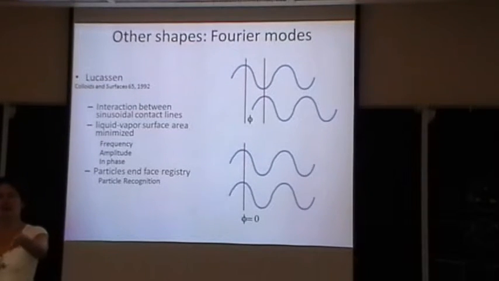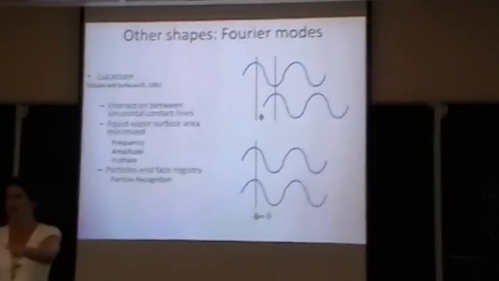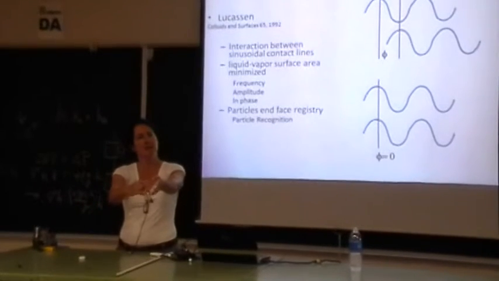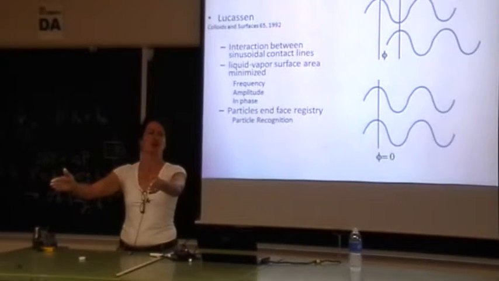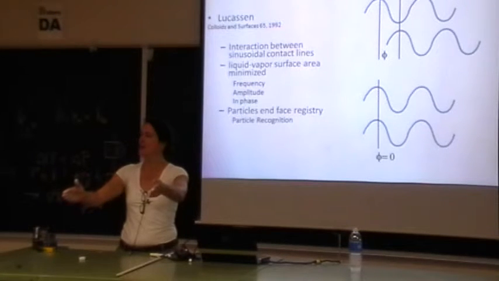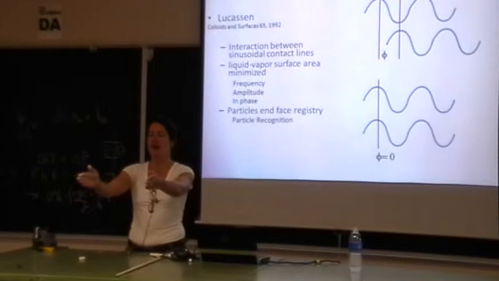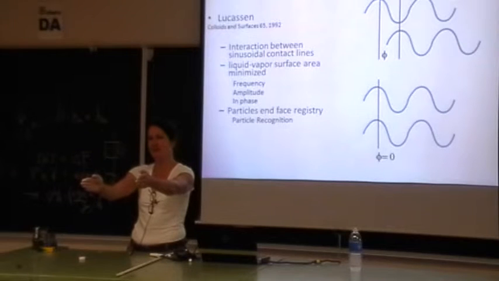Let's suppose in between the two walls, I have a liquid vapor interface. And on this wall, I scribe a contact angle. Let's call it a Fourier mode in Cartesian coordinates, so sine k. And let's ask ourselves, how does the area of the interface change when I do this?